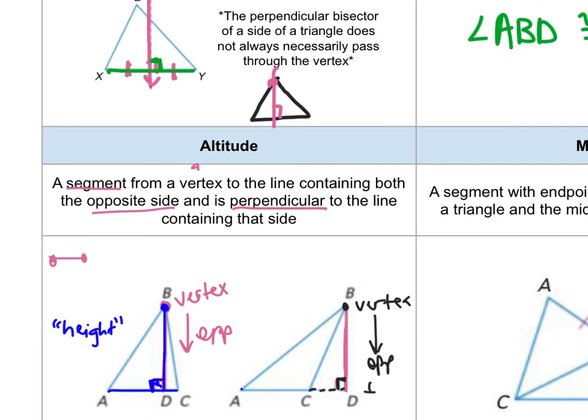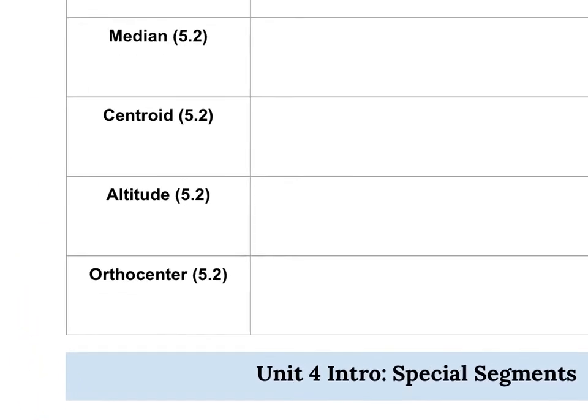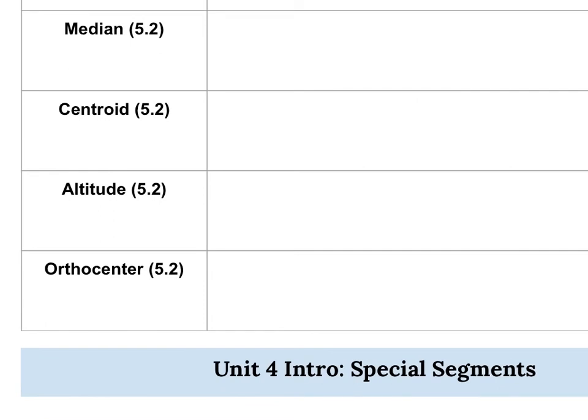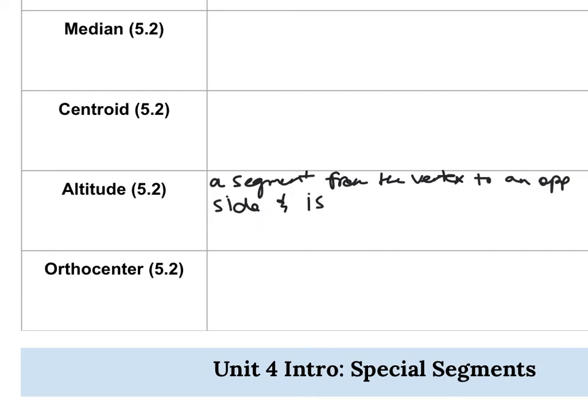We can go ahead and put that in our vocabulary. Altitude is right here. We say that's a segment from the vertex to an opposite side, and it's perpendicular to that side.